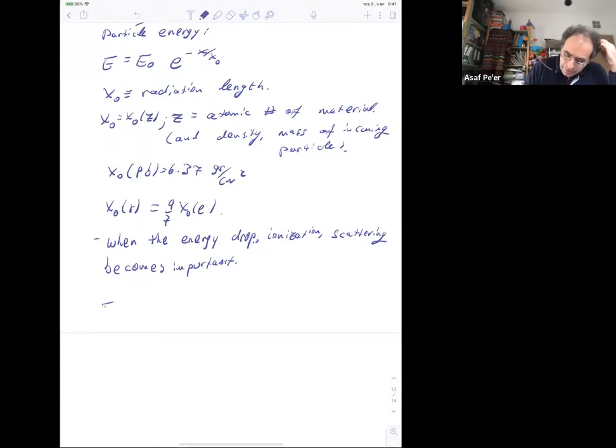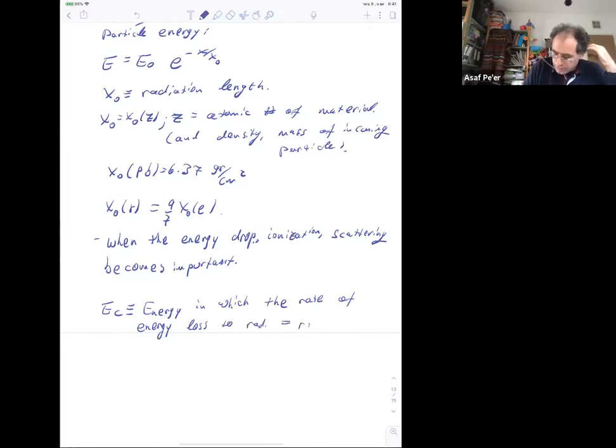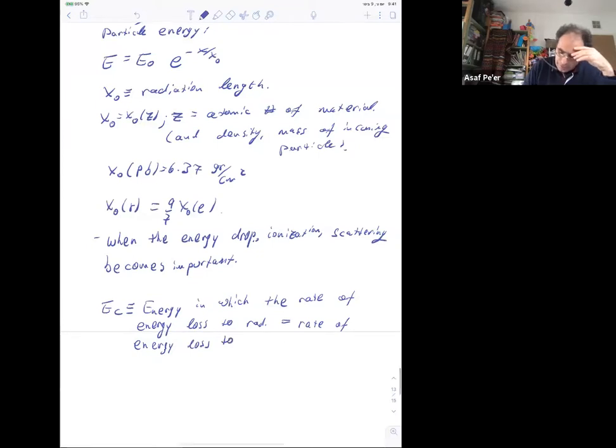So EC is the energy at which the rate of energy loss through radiation is equal to the rate of energy loss to ionization.